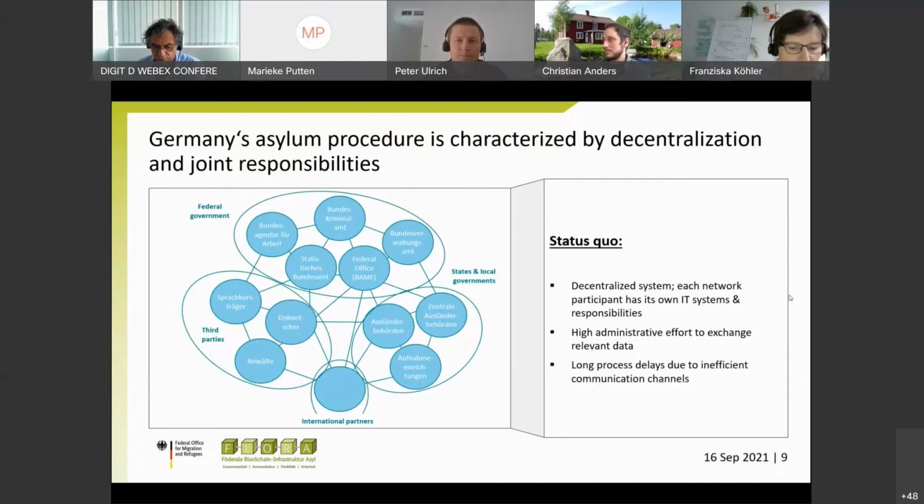There are other German partners, for example, language course providers, and there are international partners, like the member states in the Dublin procedure. You see a decentralized system of responsibilities, and this results in a complex network of communication relationships.